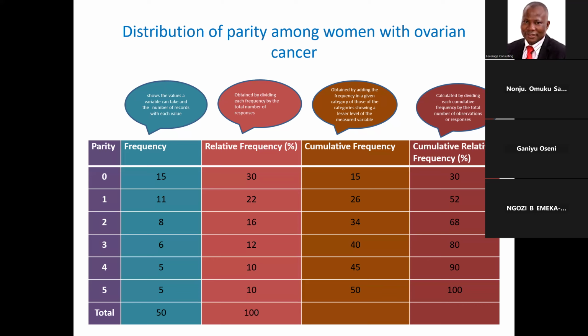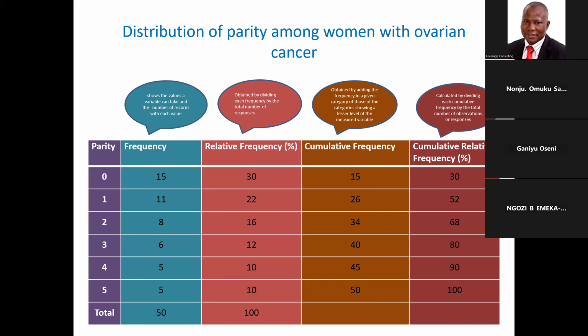So will you need to say, okay, para 0 is 30% of them, while para 1 is 22%? He doesn't have time for you to even see that type of detail. They may give you 2 minutes to see, so you can't begin to ask him to be cracking his brain.